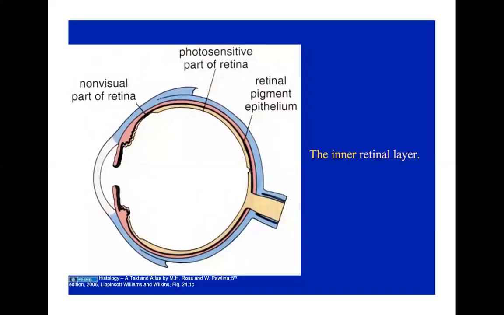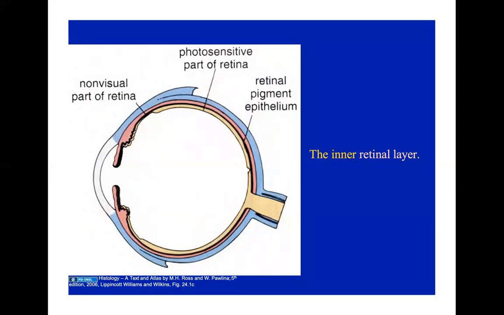So from the middle layer, we go now to the inner layer of the eye, and that is the retina. You have the non-visual part of the retina that is responsible for the blood aqueous barrier. Then you have the photosensitive part of the retina that contains your rods and cones. Then this one is considered your retinal pigment epithelium.